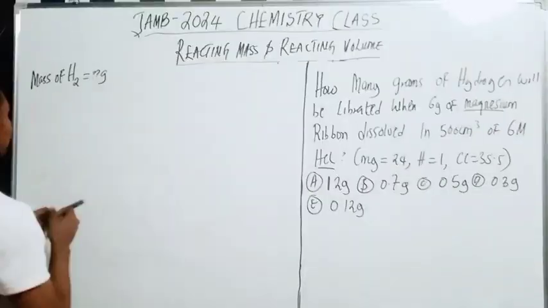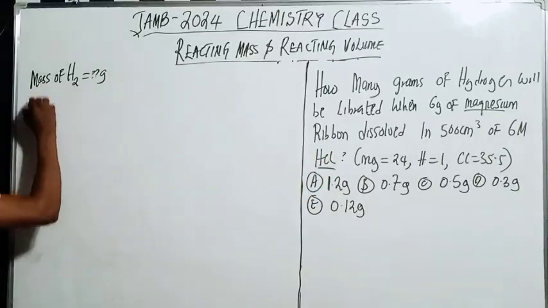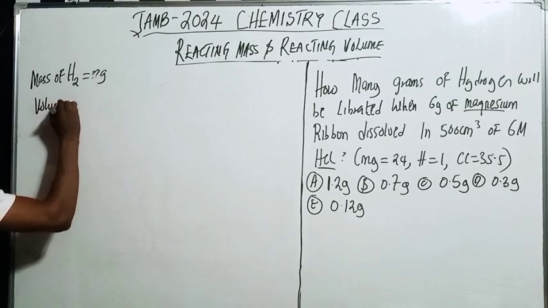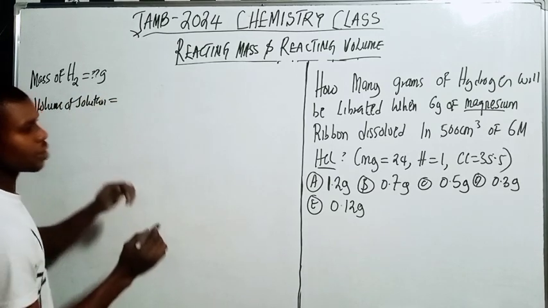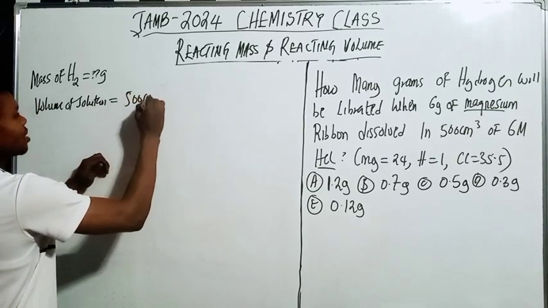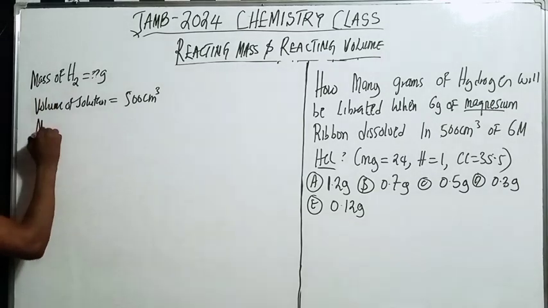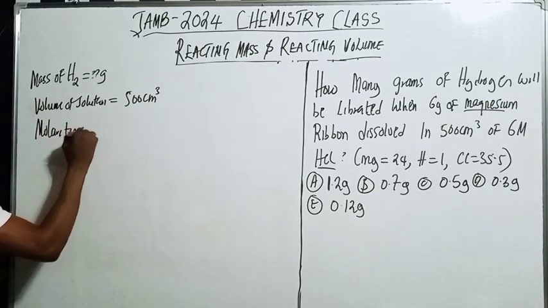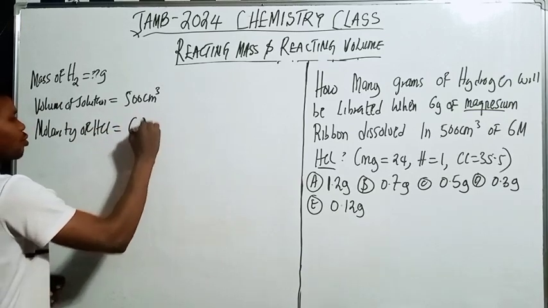You understand? So that's what they are looking for. Now, the volume of solution is 500 cm cube, right? Then the molarity of HCl is 6 molarity.